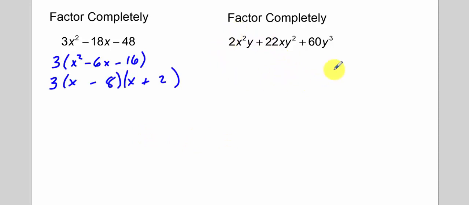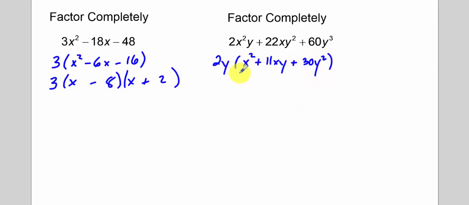You'll notice in this case I've got some added variables included. There's a 2, it's the GCF, and there's a y in common, so a 2y is my GCF. After factoring the 2y out, I now have x squared plus 11xy plus 30y squared.